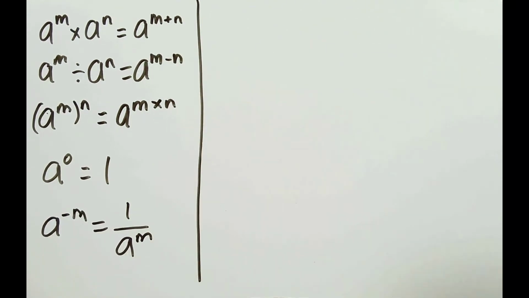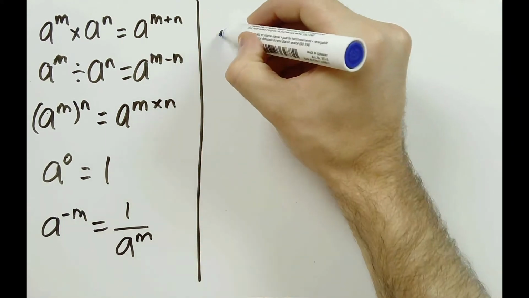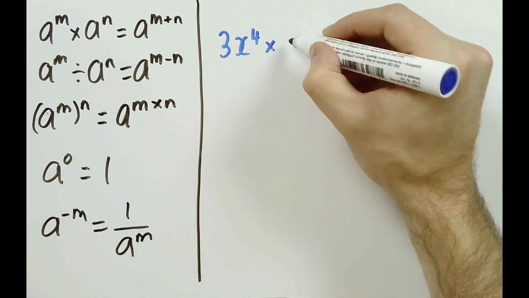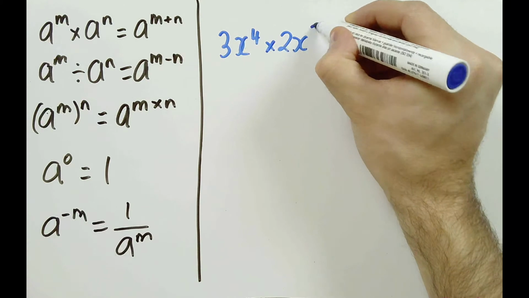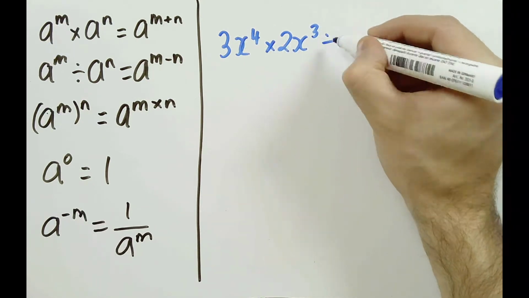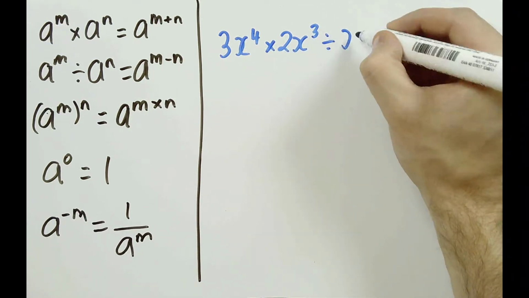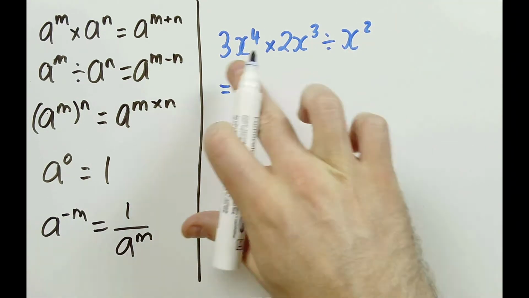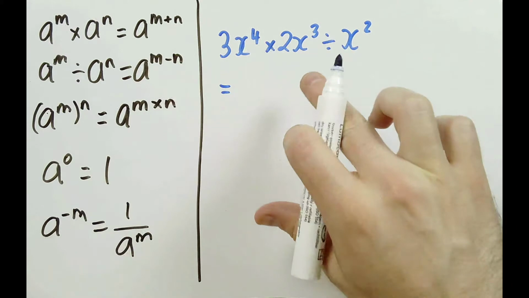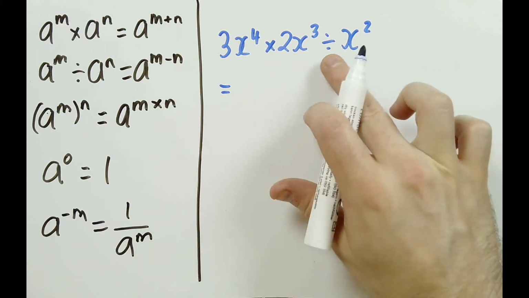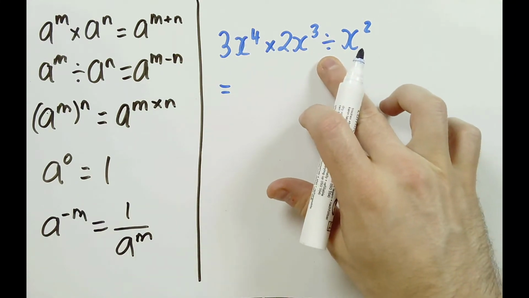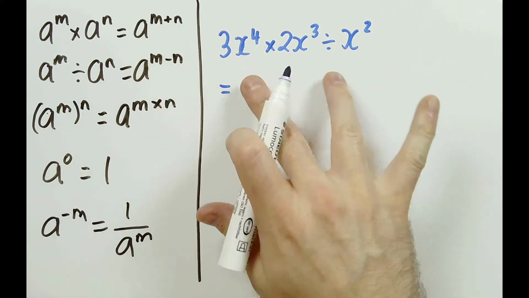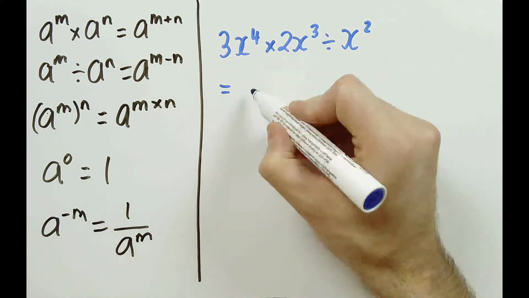So next, 3x to the power of 4 times 2x to the power of 3 divided by x squared. So here you can see that we're going to have to use a combination of at least the first and second index laws because we have a multiplication and a division. So let's start out by using the first index law on just the first two components. So 3 times 2 is 6.